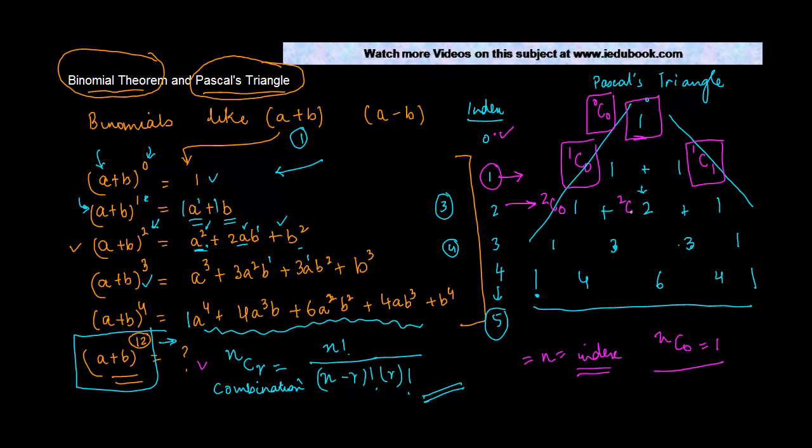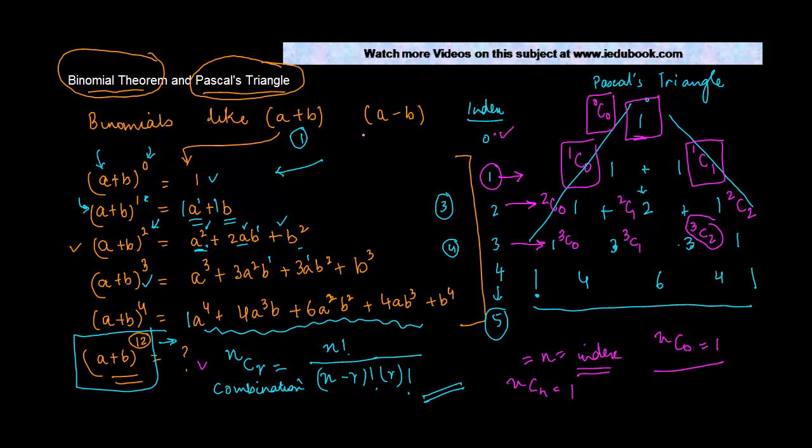Now 2 can be written as 2C1, and this can be written as 2C2 because we know that nCn is equal to 1. Similarly, if you have to write the value of 1 in terms of 3, you can always write this as 3C0. 3 can be written as 3C1. Then again you get 3. Now 3 can also be written as 3C2.